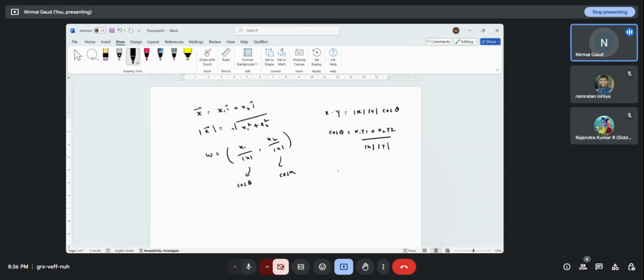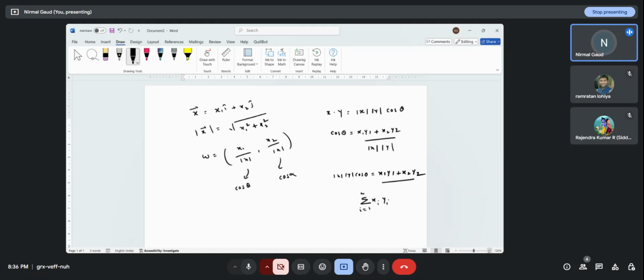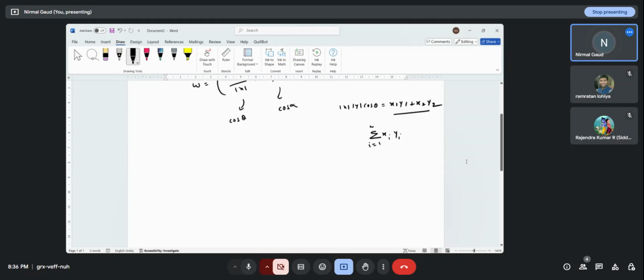So we got x y cos theta as x1 y1 plus x2 y2, and then I wrote this in the form of summation, i equal to 1 to n, xi yi, and we have used this terminology in hyperplane for linearly separable data.